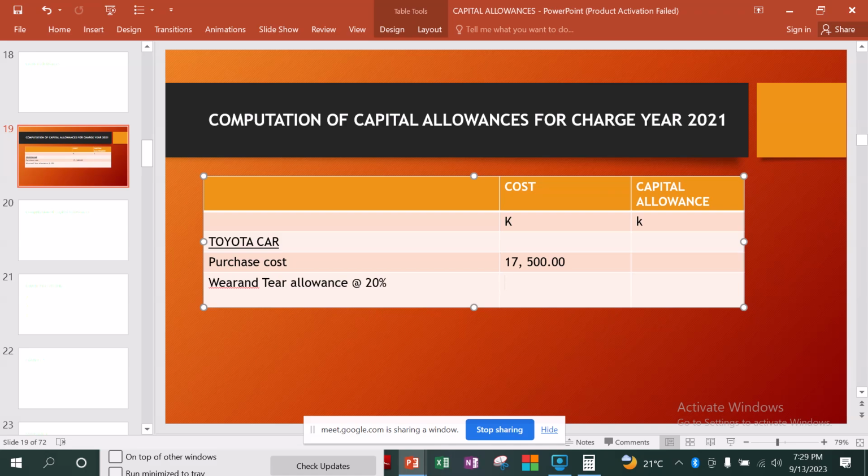Okay, so 3,500. So indicate that we have registered that one, 3,500.